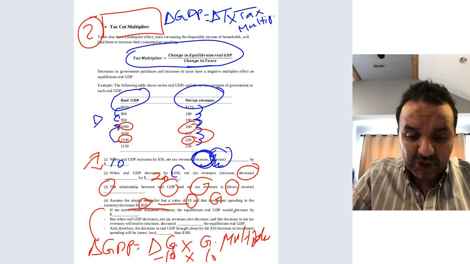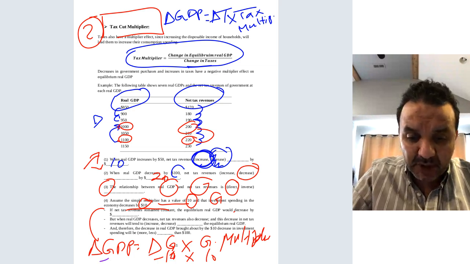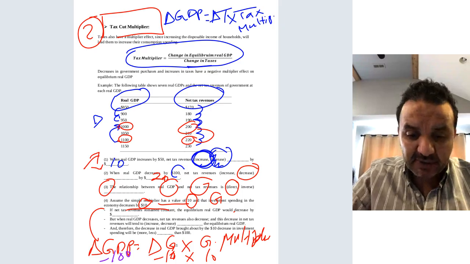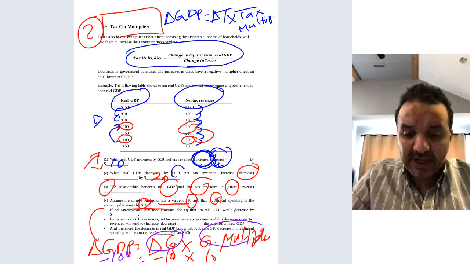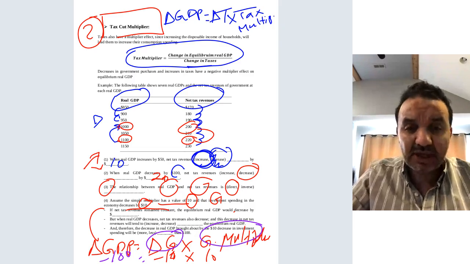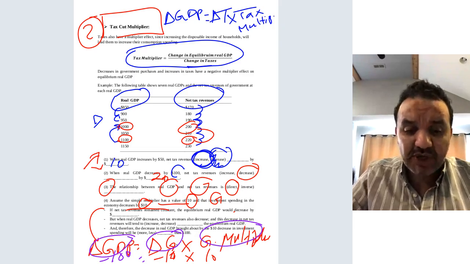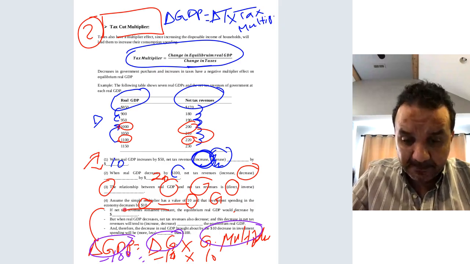So the change in GDP will be negative 100, right? I'm just applying the formula. Government spending will change by 10, the government multiplier equals 10. So 10 times 10 equals 100. So we expect that GDP will decline by 100 here.